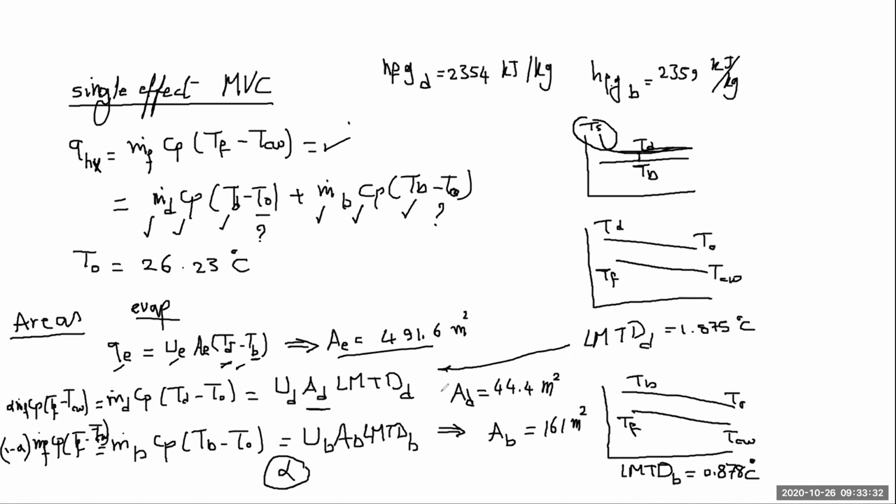You've seen that in the log mean temperature difference. Here we have a log mean temperature difference of 1.8, and here we have a log mean temperature difference of 0.8. So the area here is going to be higher. This is 161, whereas this is only 45. So the two heat exchangers are not exactly the same, and this is because of the differences in flow rates and temperatures that we see.